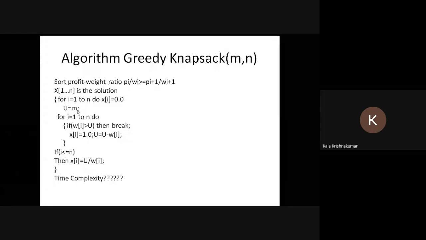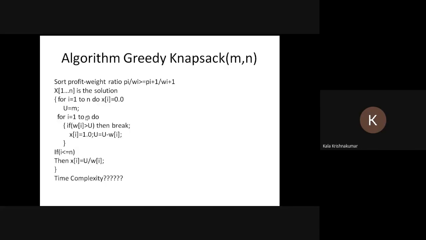When you break out of this loop, you check if i is less than or equal to n. Somewhere w of i is greater than u, so you break from the loop and check whether i is less than or equal to n. What does that mean? It means you haven't taken all the inputs.